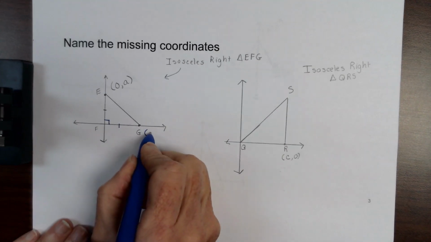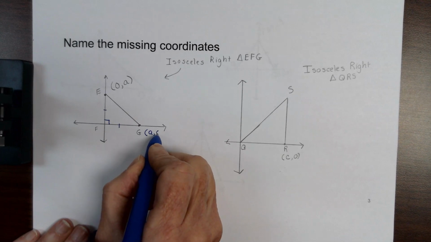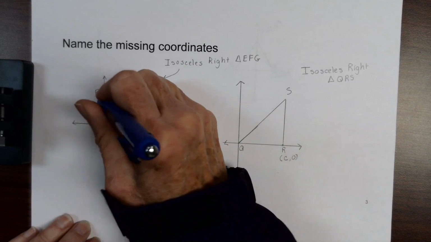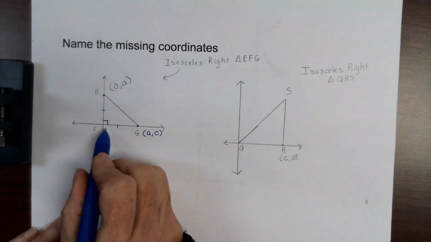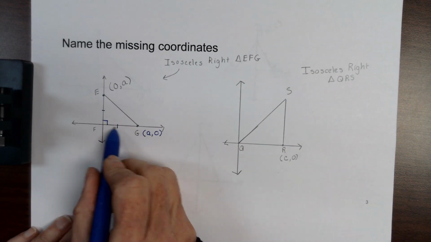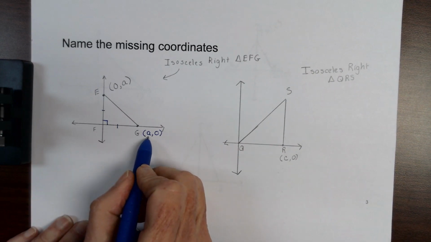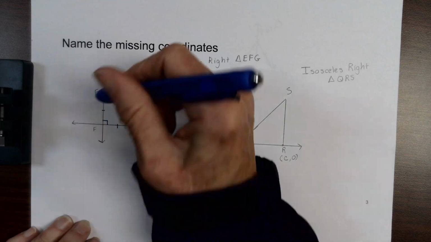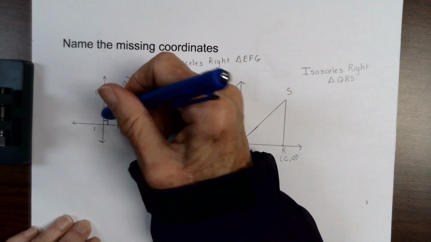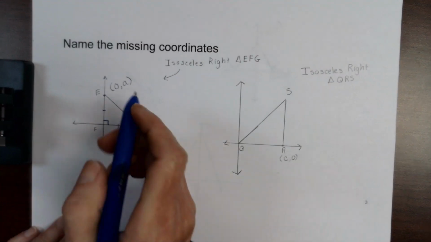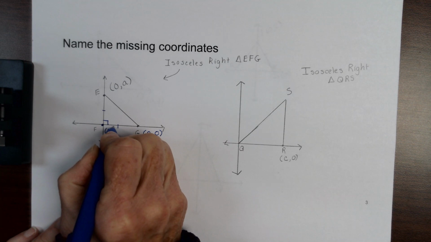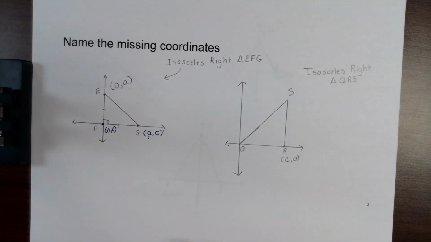So G is located at A, 0 because I'm going to go up 0 units. So this value here is A, and this value here is A. Here, it's how far right and left I go, so that's A units over, so that's my X. Here, it's up and down, so that's my Y. It's A units up. And of course you know what F is. F right here is located at 0, 0.